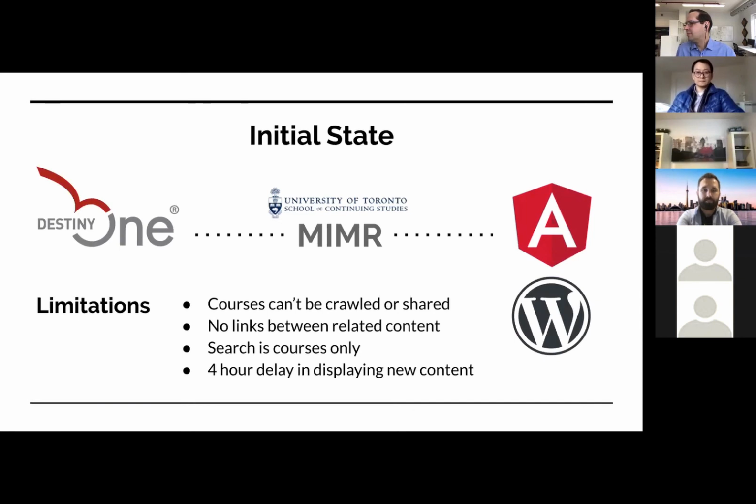There was also a custom middleware piece that the school had built to augment that data, and all of that fed into an Angular application that they had sitting on top of a WordPress site. But there wasn't really any direct sharing of data between the Angular piece and the WordPress app.